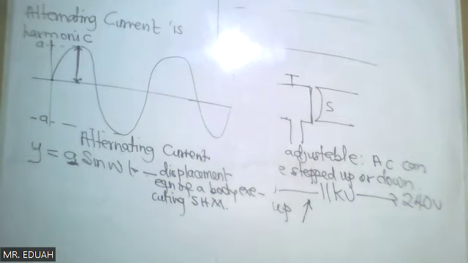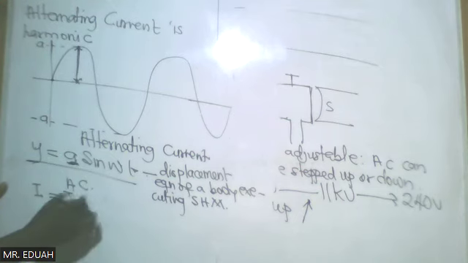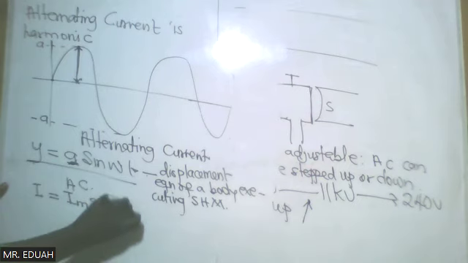So mathematically, AC is also represented as I, whether small I or big I, equal to Im sin omega t.